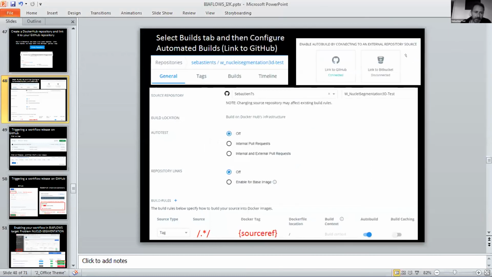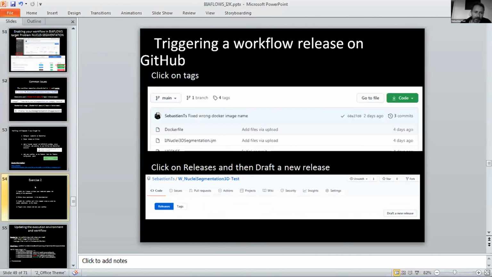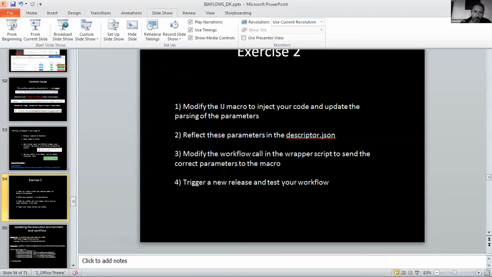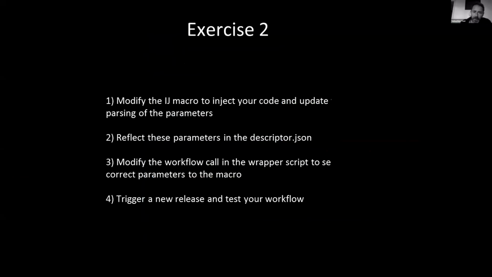Okay. So we are at exercise 2 now. So far what we have is the same workflow, all of us, in BIAFLOWS. So of course now we want to change the macro itself so that you can make it your own or try different algorithms in there.